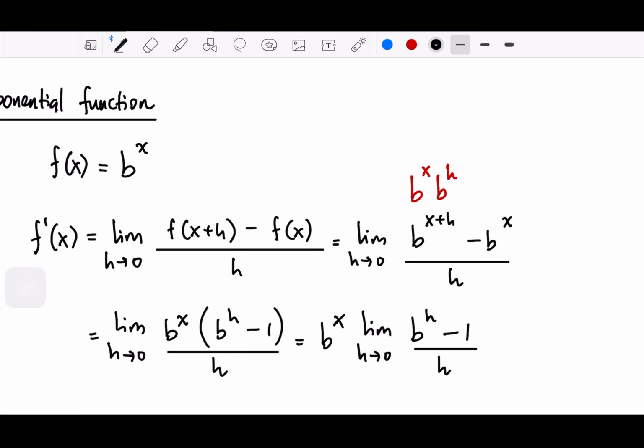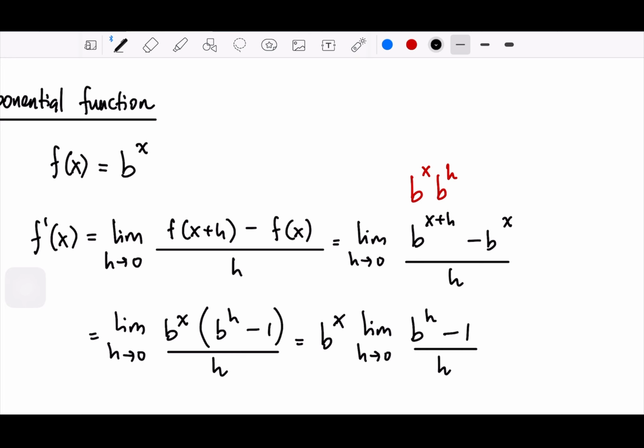Now, how to solve this? To solve this, we may need some additional constant. But if you look at the limit form, if we are using x equals 0 here, it will be the same thing, right?